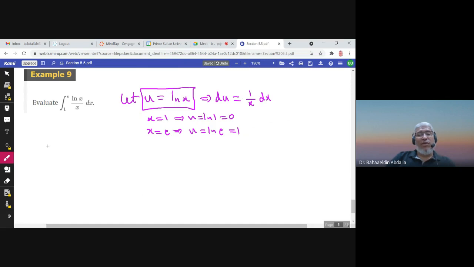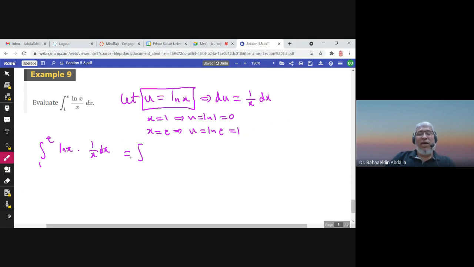Look at this integral. I can write it from 1 to e, ln x times 1 over x dx. ln x over x can be written as 1 over x times ln x. Why did I write it like this?